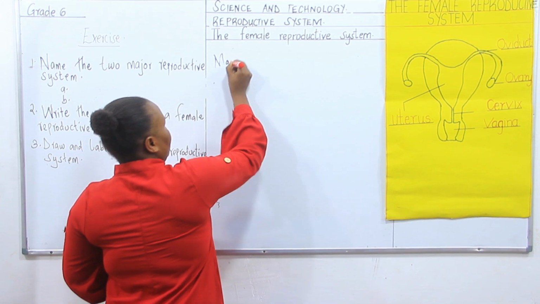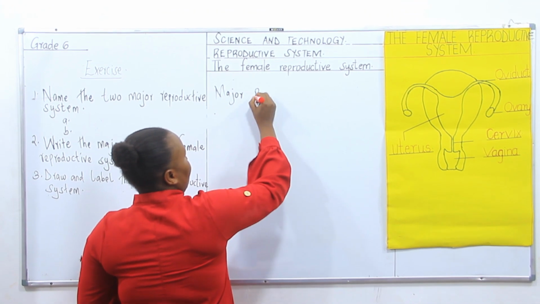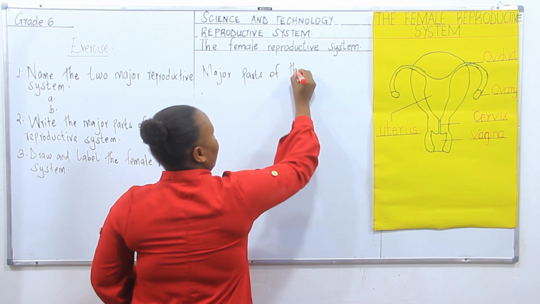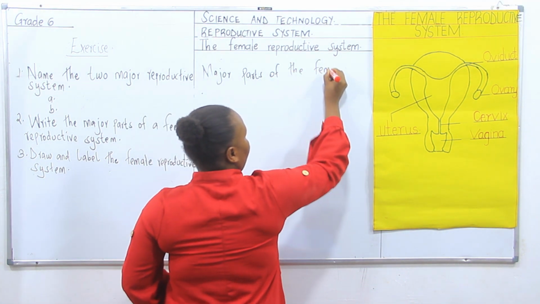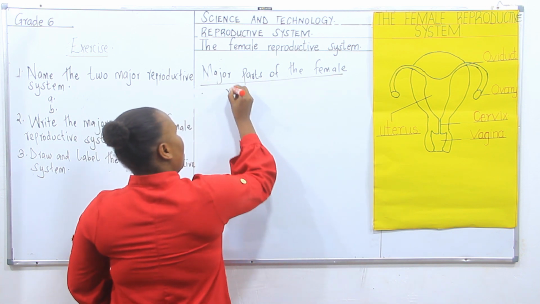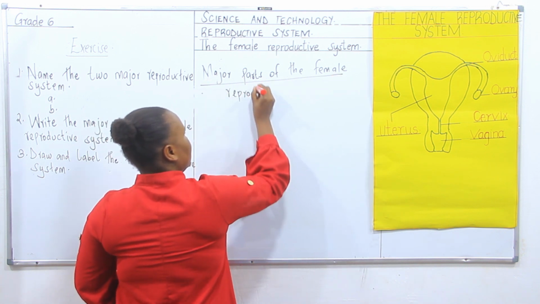Major parts of the female reproductive system.